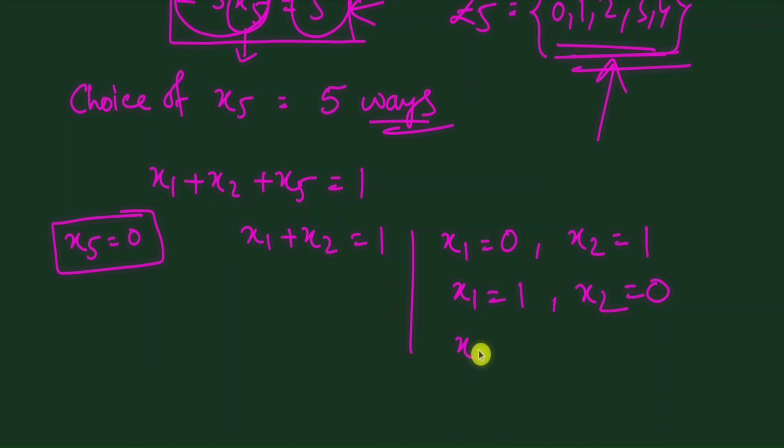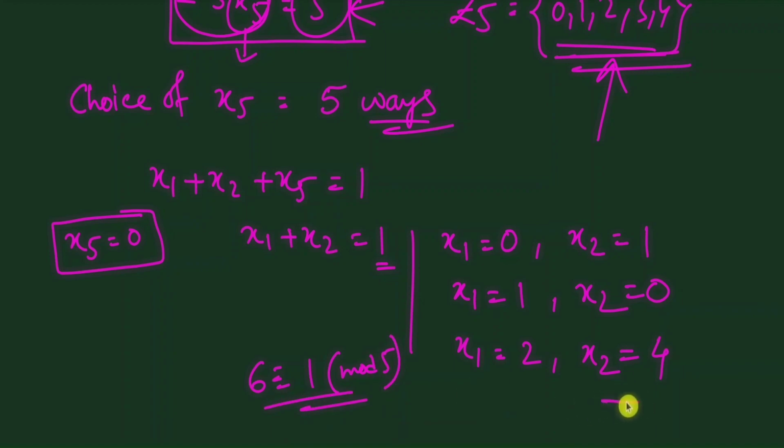If we choose x1 equal to 2, then x2 must be something such that we get 1. That means we must put x2 equal to 4, since 2 plus 4 equal to 6, which is 1 modulo 5.